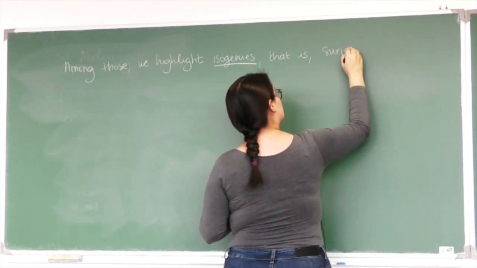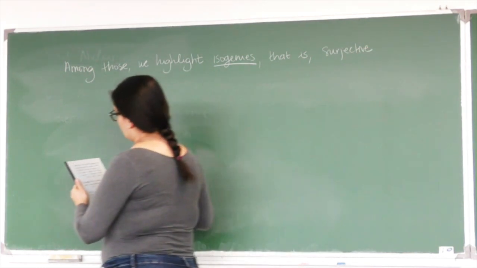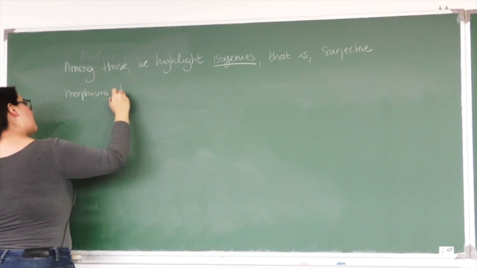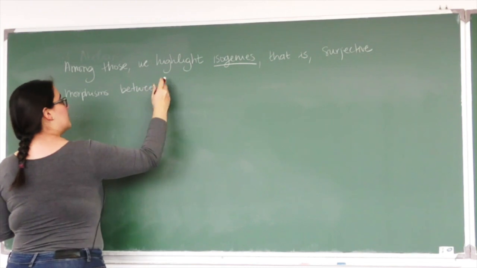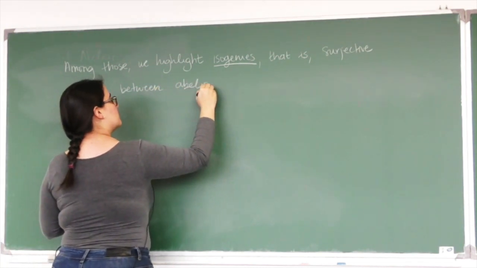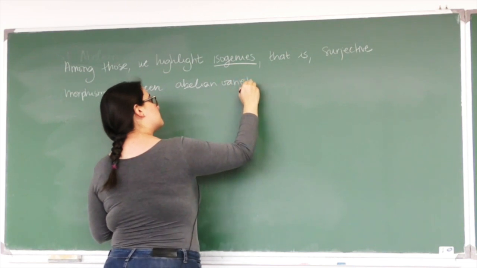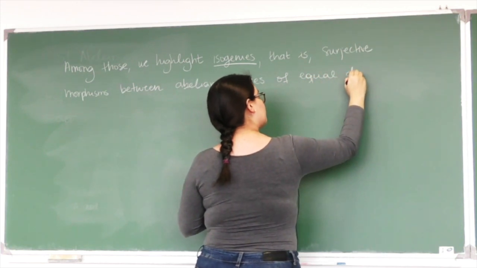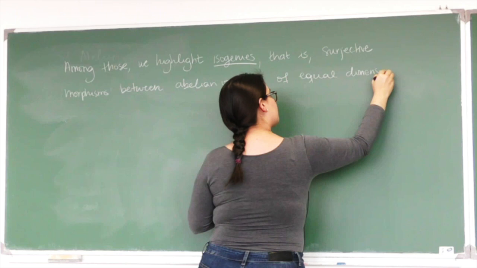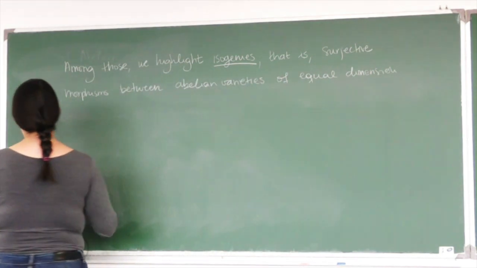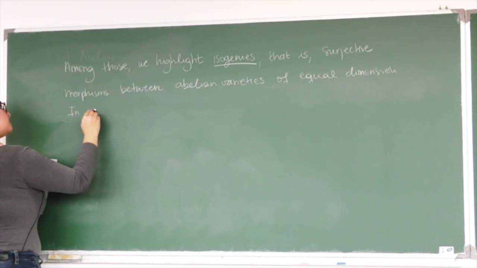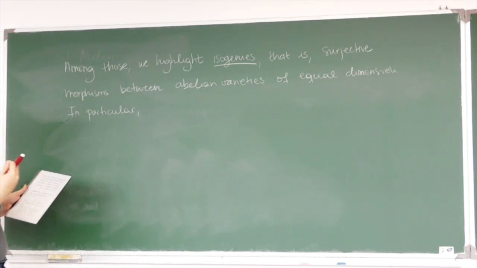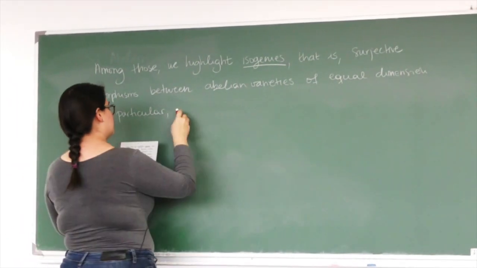Surjective morphisms between abelian varieties of equal dimension, and in particular what we have with these is that the kernel of such a homomorphism is finite.